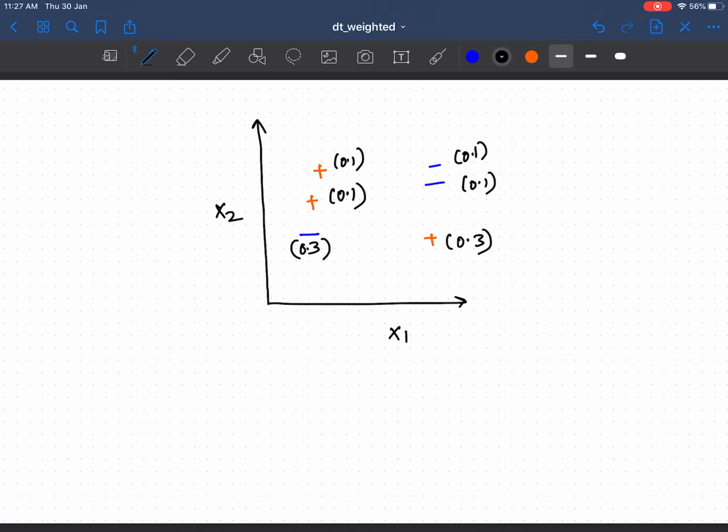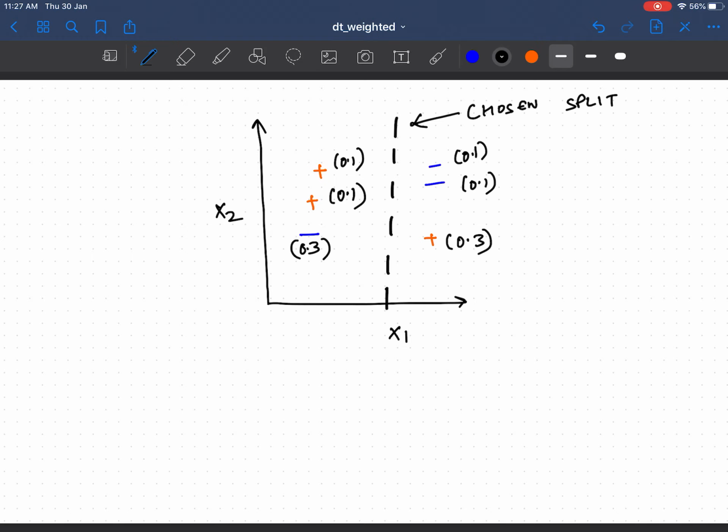Okay, so let's assume that we draw a boundary like the following. I'm going to label it as chosen split according to the information gain criteria.